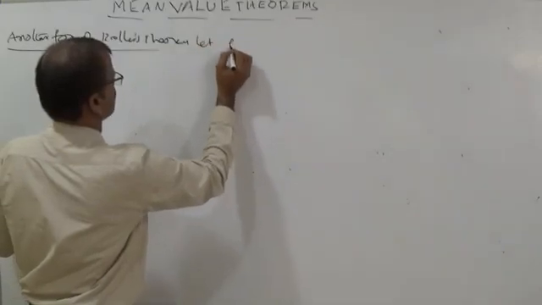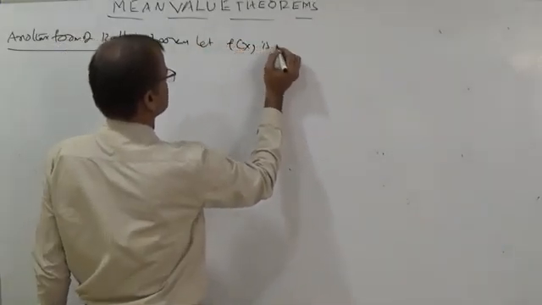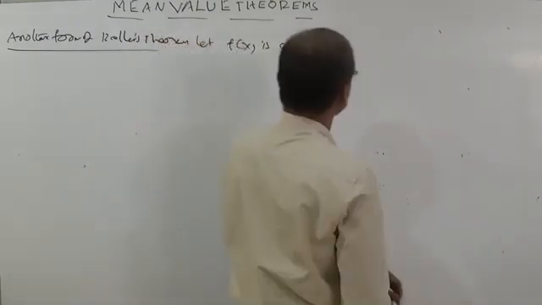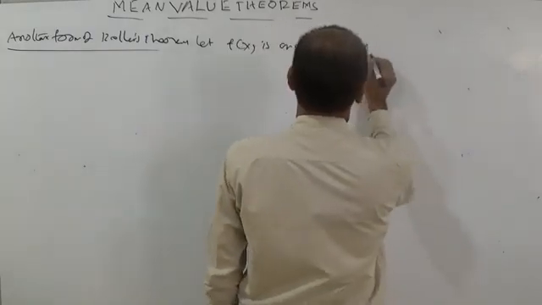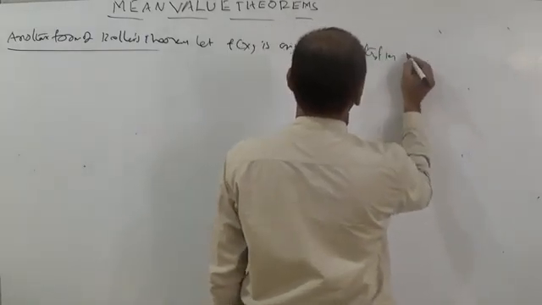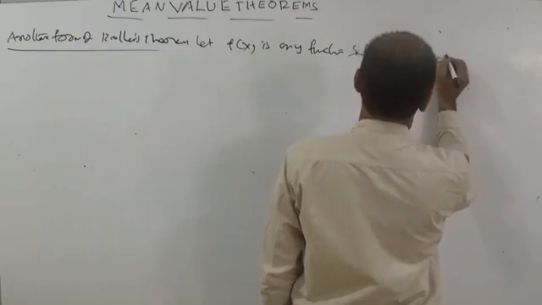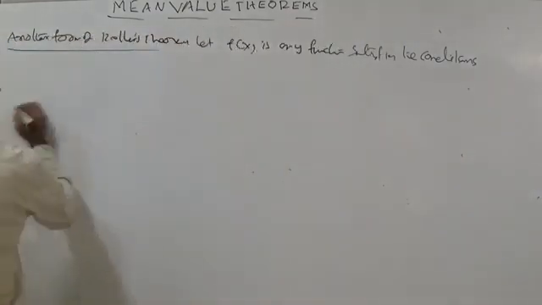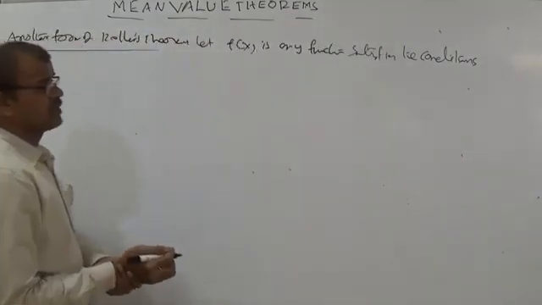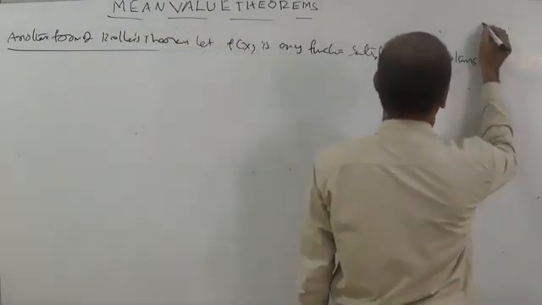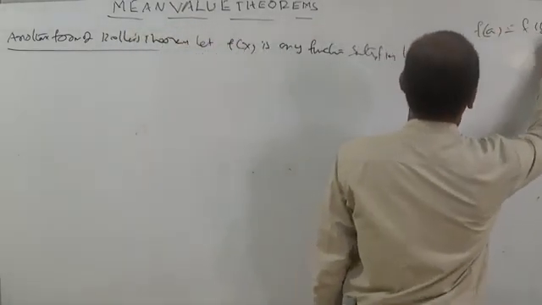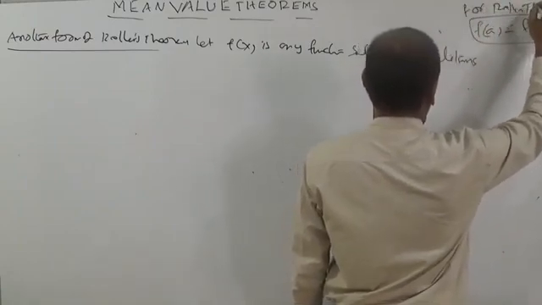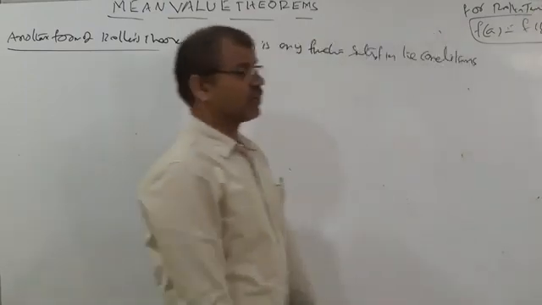Let f of x be any function that satisfies the conditions. Previously, for Rolle's theorem, the condition f of a is equal to f of b is also there.